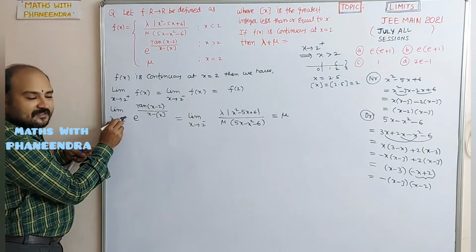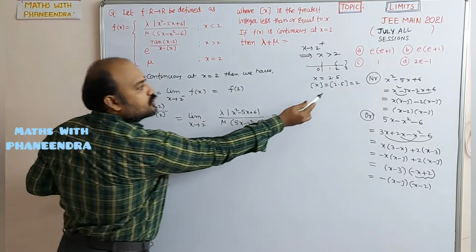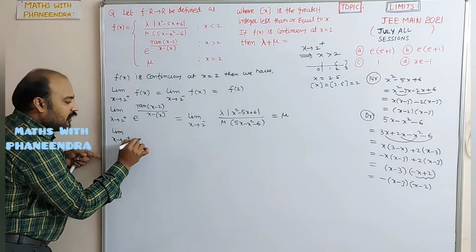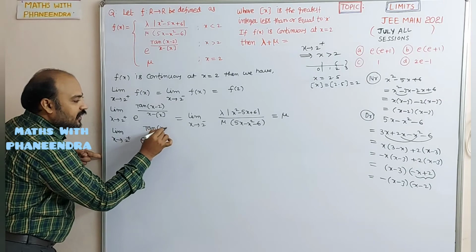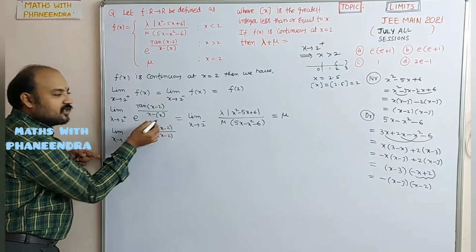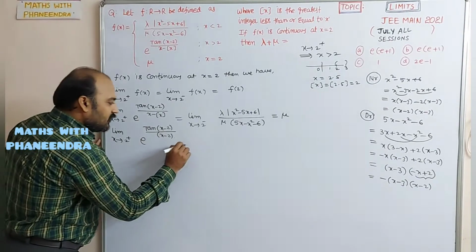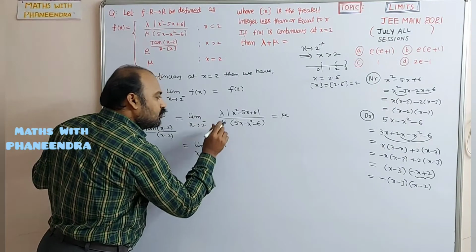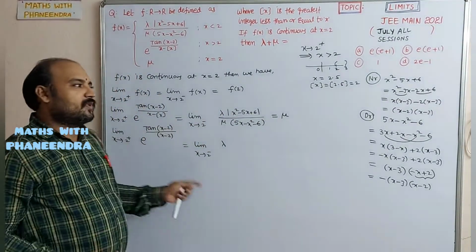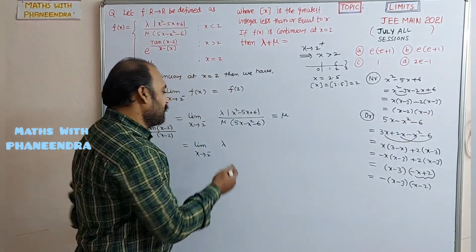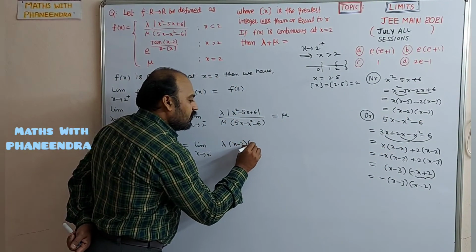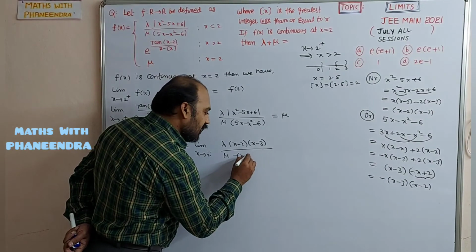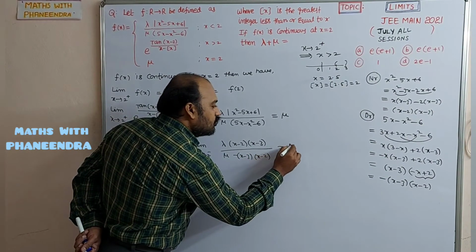So limit x tends to 2 plus, step x value is what? 2. So this limit x tends to 2 plus e power tan of x minus 2 divided by x minus 2. Even this is also x minus 2, step x equal to 2. Limit x tends to 2 minus lambda into numerator, mod means plus only, x minus 2 into x minus 3 by mu into denominator value as minus x minus 3 into x minus 2, which is equal to mu.